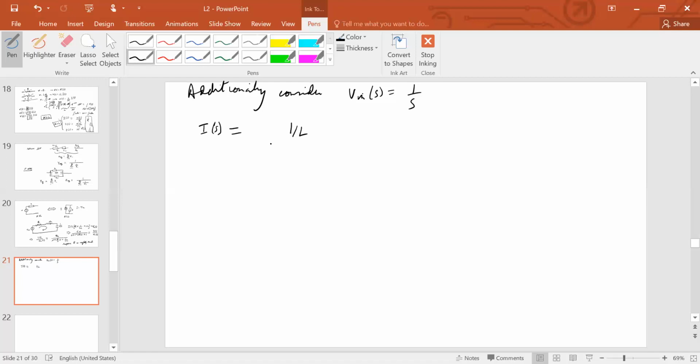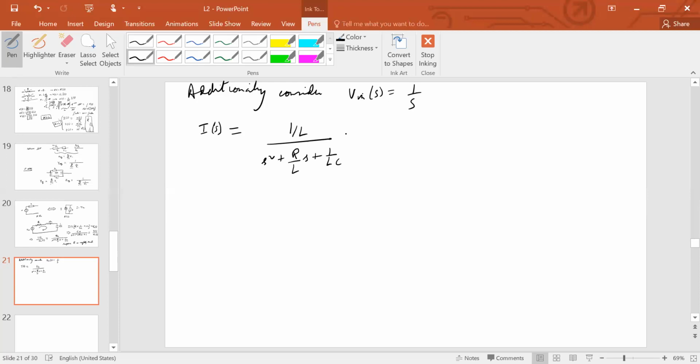S by L upon S square plus R by LS plus 1 by LC. Now the fact that R is very small tells you that the roots of this quadratic equation, just ask yourself why, this is a mental thought exercise for you, will be complex.